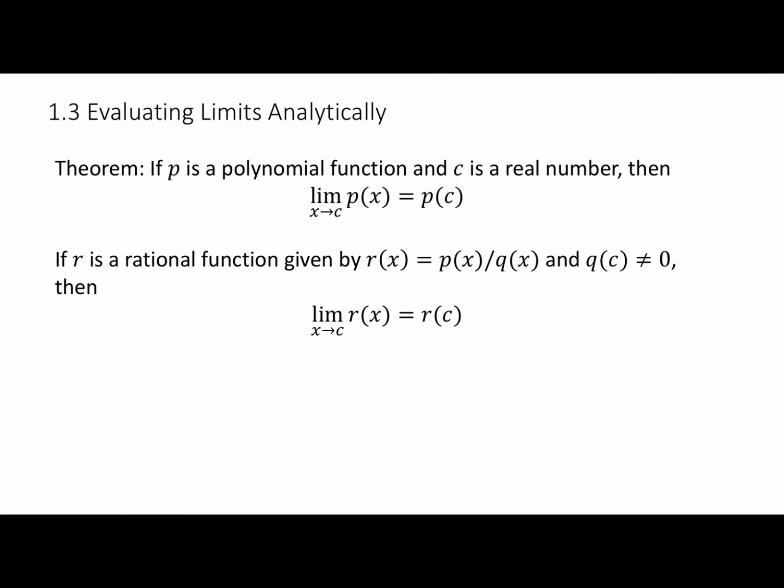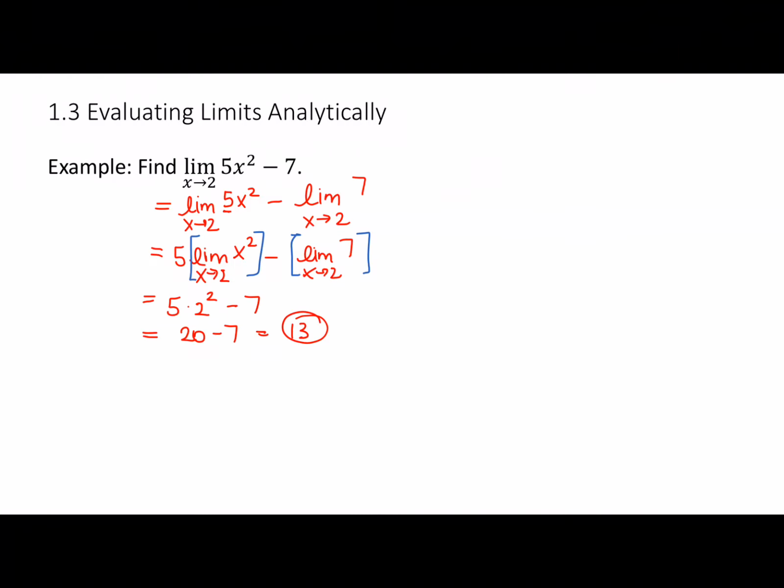Also, if we have a rational function, so remember a rational function just looks like a polynomial divided by a polynomial, and we know that q of c, the denominator, when I plug in c, is not 0, then the limit as x approaches c of that rational function is also just r evaluated at c.